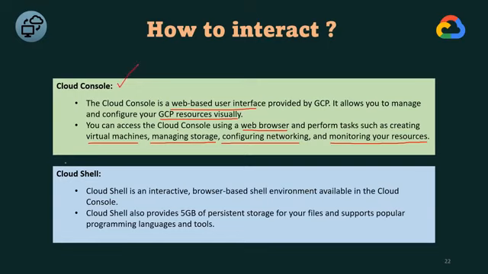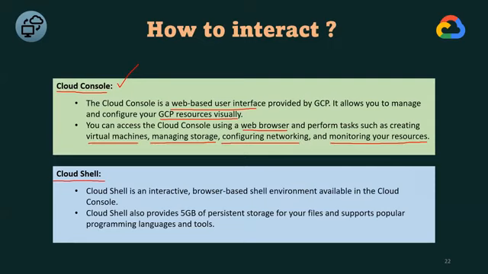Next one is Cloud Shell, which is very similar to the console, but only the interface method is different. Here you are interacting visually, whereas with Cloud Shell you interact with the GCP resources via a command line interface. Cloud Shell is an interactive browser-based shell environment available in the Cloud Console.